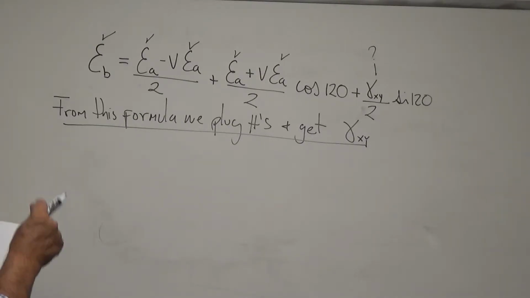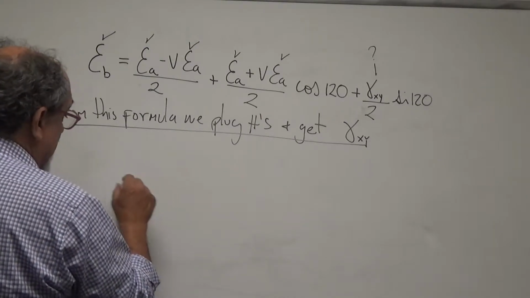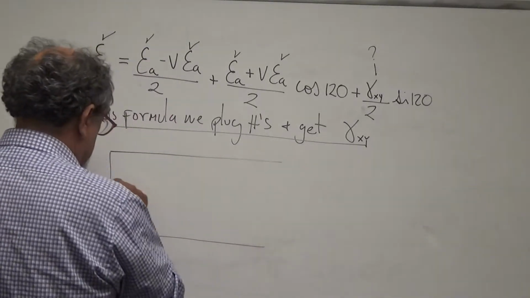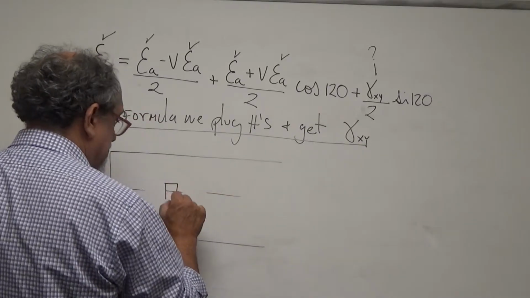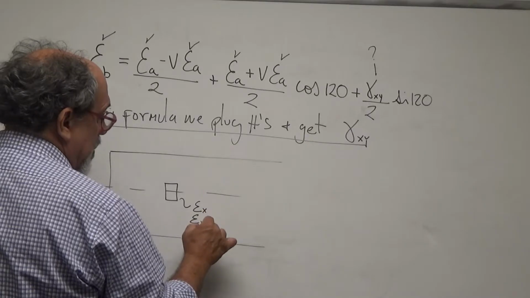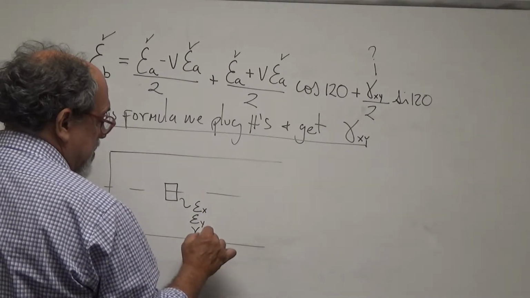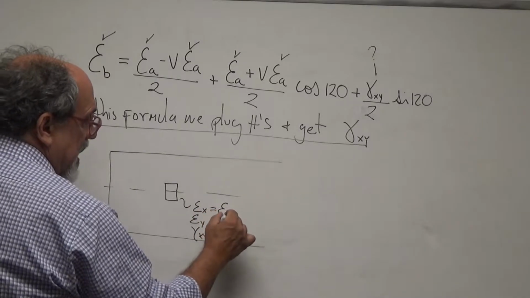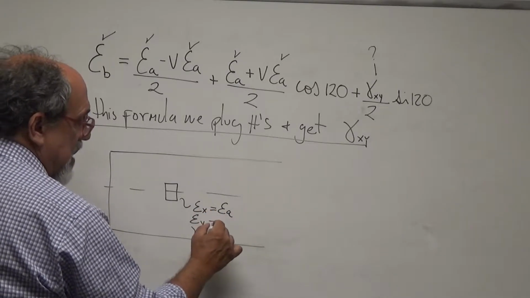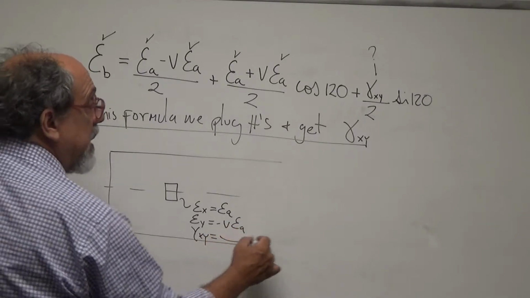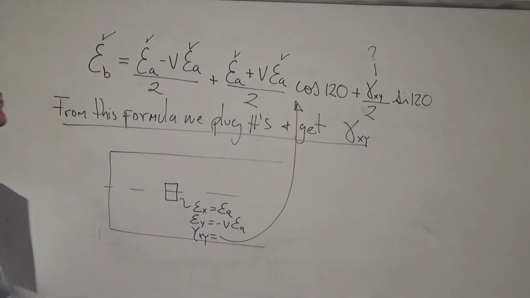Now we know that for the element that is in the neutral axis, like this, we know its strain in x, we know its strain in y, and we know its gamma xy. Because this epsilon x is epsilon A, which was measured, this epsilon y is minus nu epsilon A, and this gamma xy is whatever we got from here. Okay.